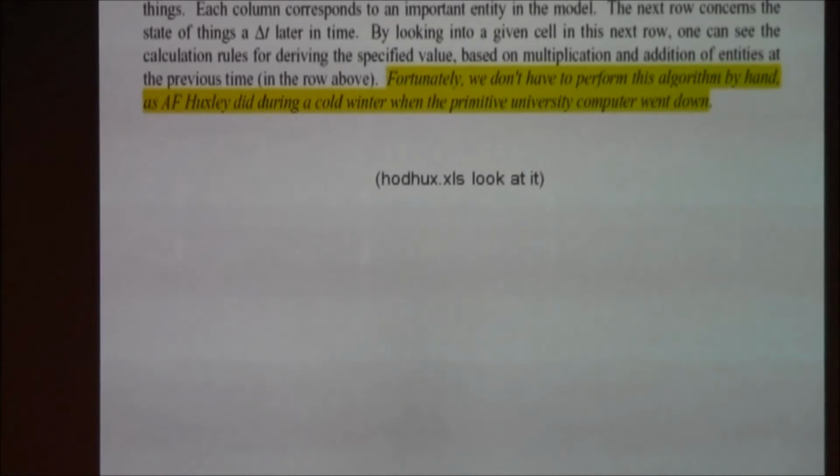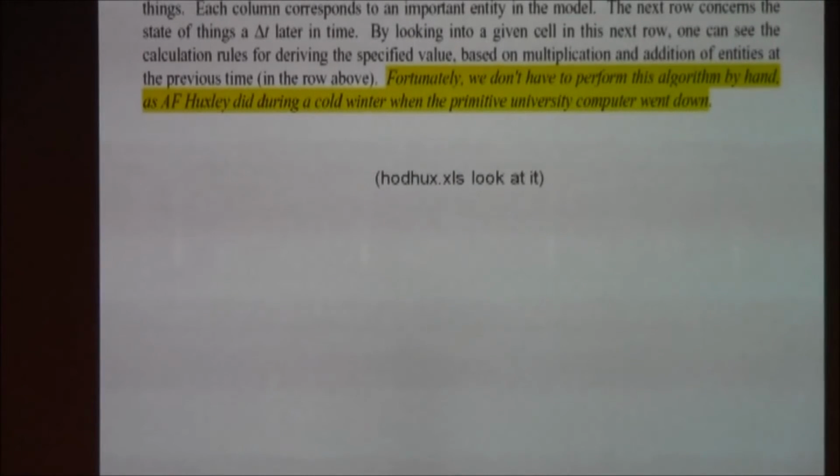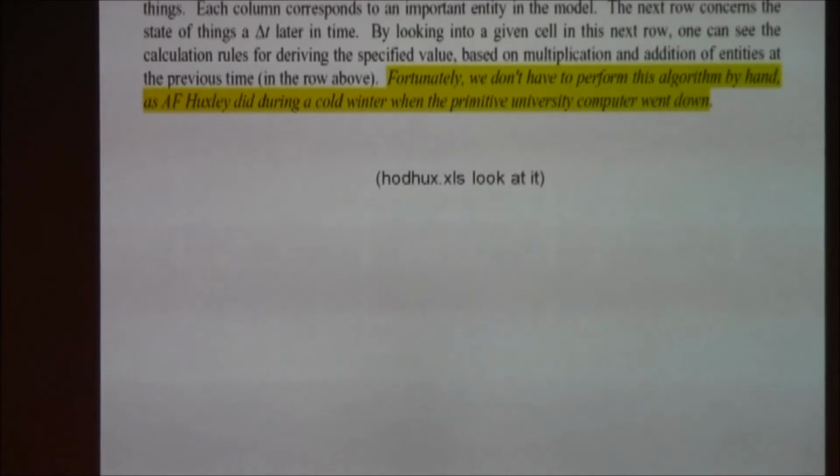Okay, so the first conception of this was around 1952, in a classic paper by Hodgkin and Huxley. And they had a computer to do this on. They were in England and they had a computer left over from cracking codes in World War II. But it was down for the winter and it wasn't going to be fixed.